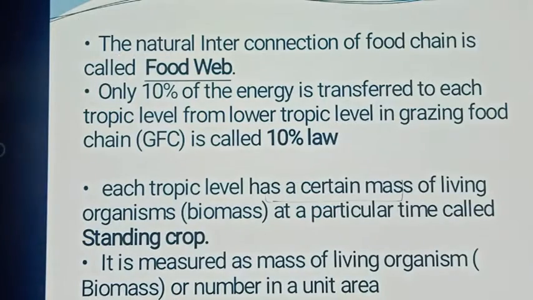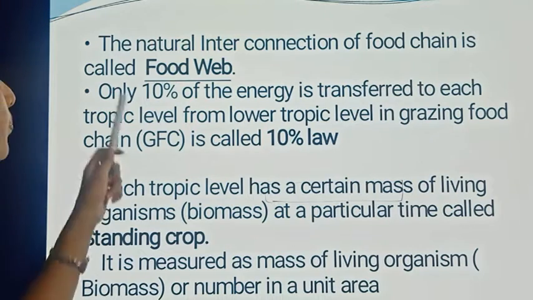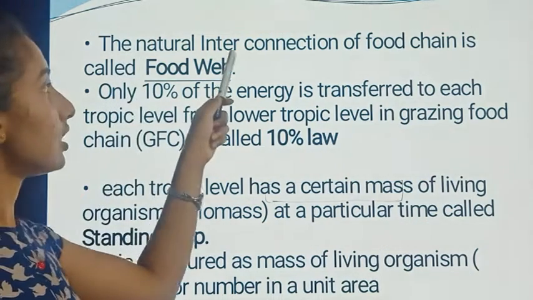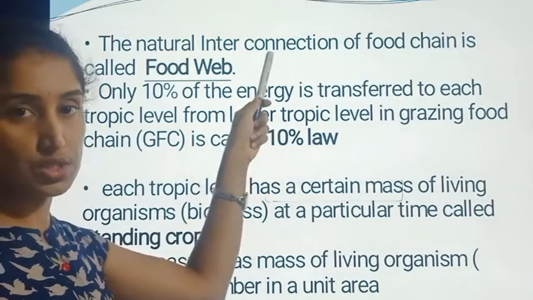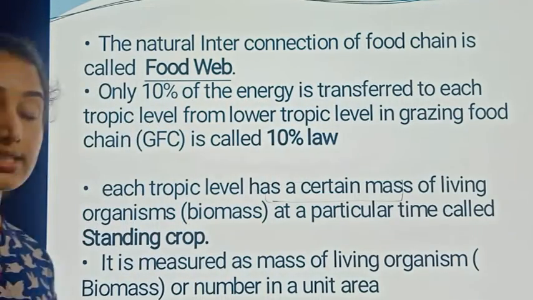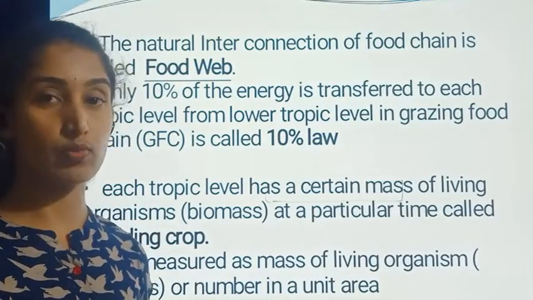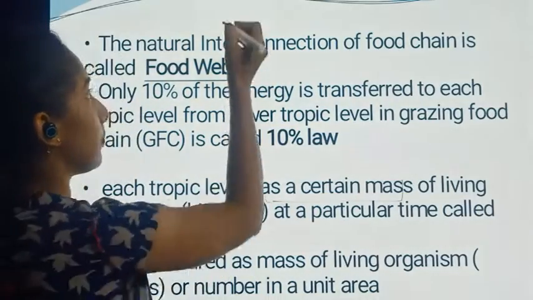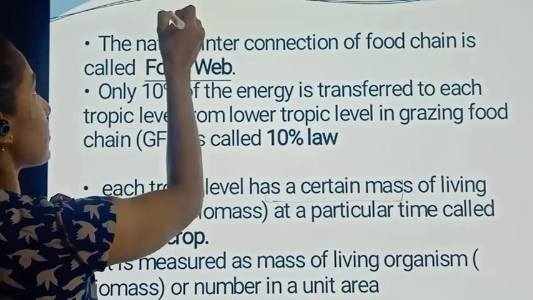This can be considered as an example also. The natural interconnection of food chains is called a food web. We discussed the food chain in the previous slide. We took grass as the example.